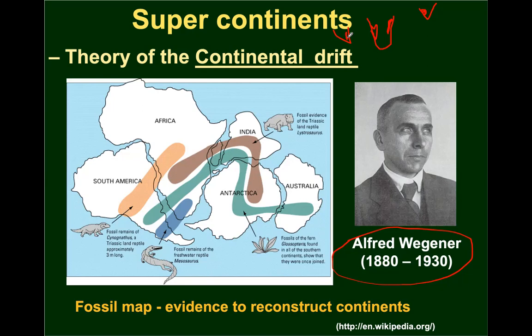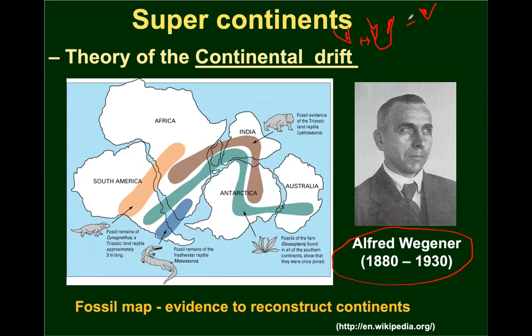He found later on that this could have been caused by all these continents being together some time ago, right? So he thought these continents could have been together some time ago.